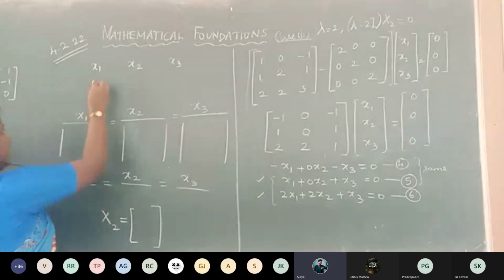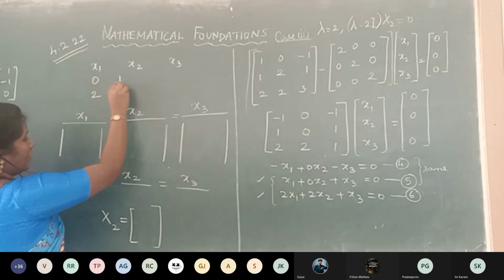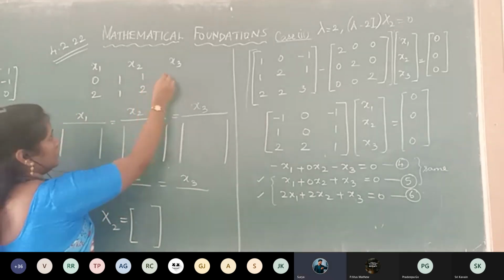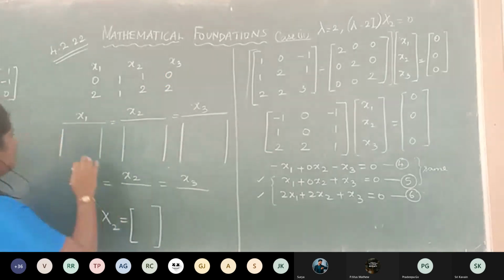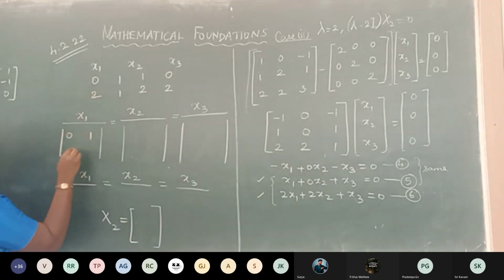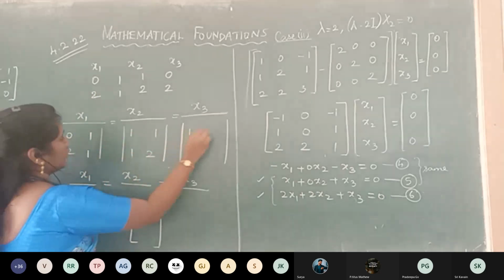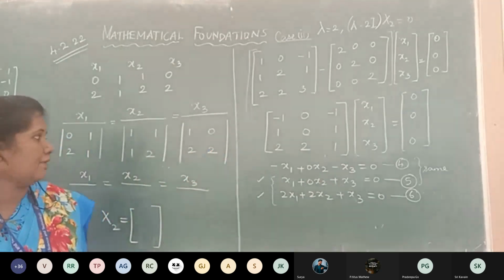Very good. 0, 2, 1, then 1, 1, 1, then 2, 1, 2. So you'll write it down, then write the values here. So it will be 0, 1, 2, 1, 1, 1, 1, 2, 1, 0, 2.